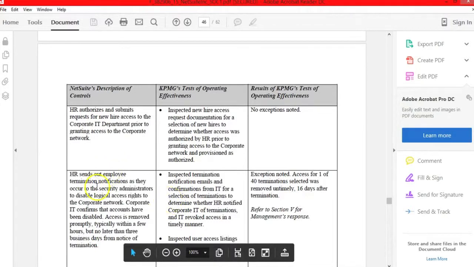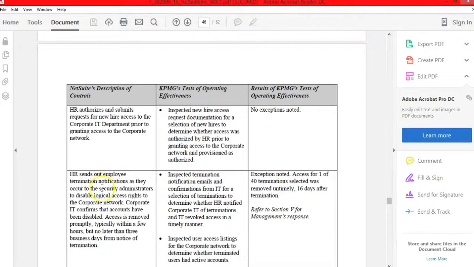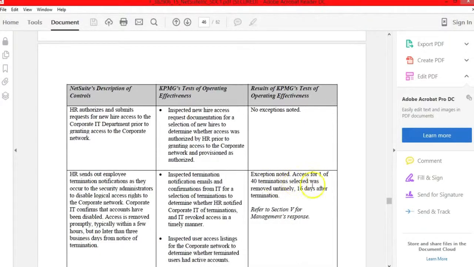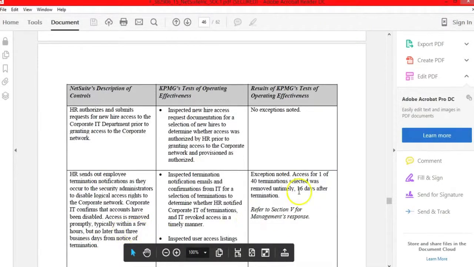The typical control is that HR will send an employee termination notification to the security administrators to make sure that logical access rights to all of the corporate systems have been disabled, within a few hours but no later than 3 business days from when they get the notice. If you read this exception, KPMG tested 40 terminations and identified 1 termination that didn't happen until 16 days after the termination. Their standard says it's 3 business days, but this is 16, so that's an exception, and KPMG noted that.